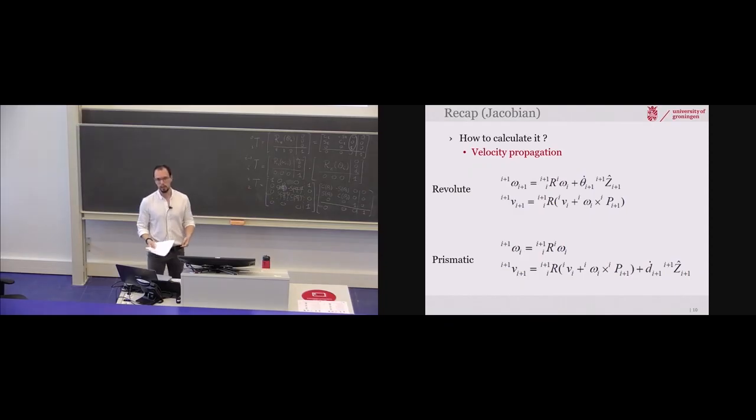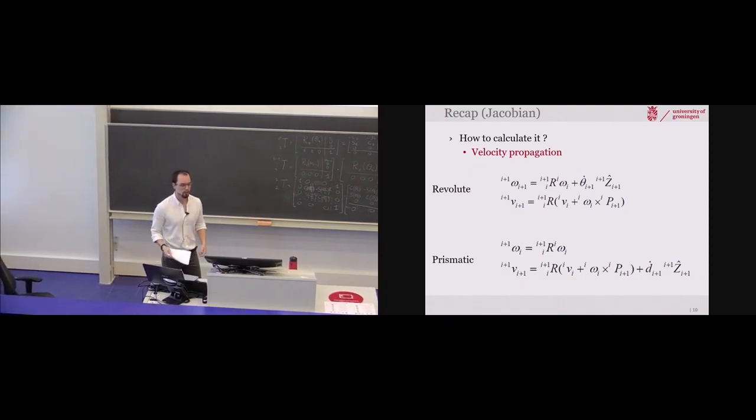The problem is that sometimes you don't have that vector. If you don't have that vector, or if it is explicitly asked to use the velocity propagation, then use it. Historically, it's very useful because in this way, you can compute the velocity of each point of your kinematic chain, and not only the one at the end-effector. And it's also the easiest way to do that for a calculator, because they are just multiplications and that's it. Very easy for a calculator to do that, but for a human it's quite tedious.